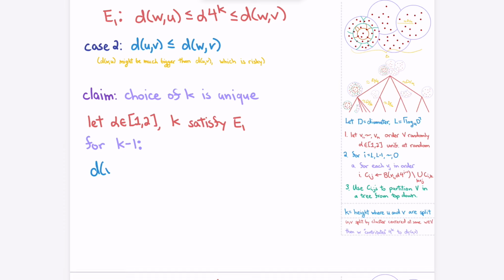So you know that dWU, the distance to the closer one, is at least the distance to the big one, the further one, minus this. Okay, and this is at least 4 to the K minus 4 to the K over 2. Why did I write 4 to the K minus 2? Oh, sorry.